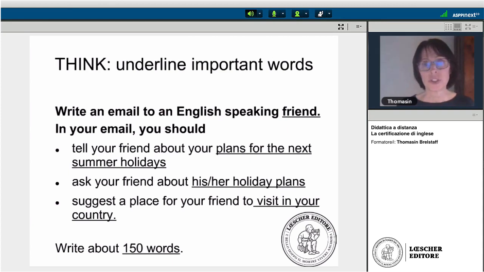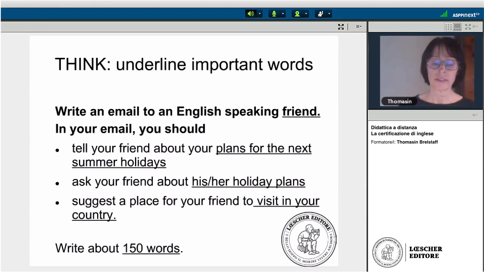But if you're studying for something like the Cambridge preliminary or preliminary for schools, the answer is that you should try to write the number of words they ask, because if you write too little, it's probable that you haven't answered all the points in the question.